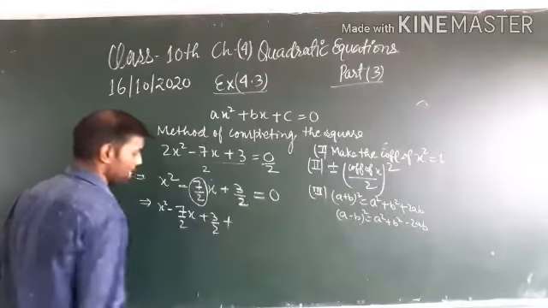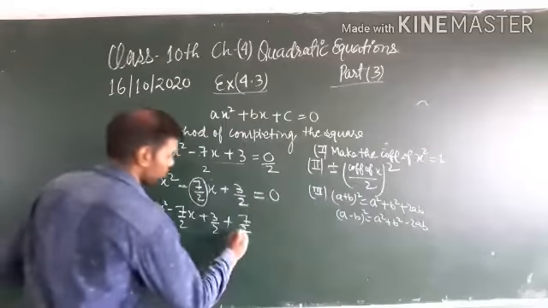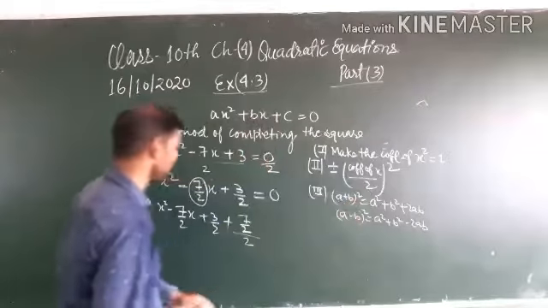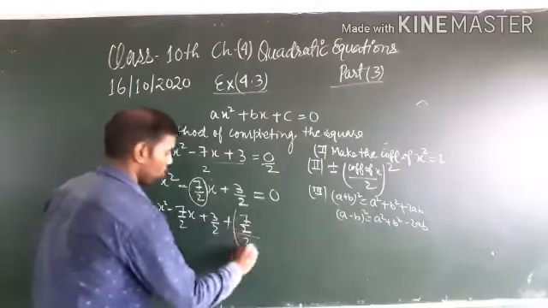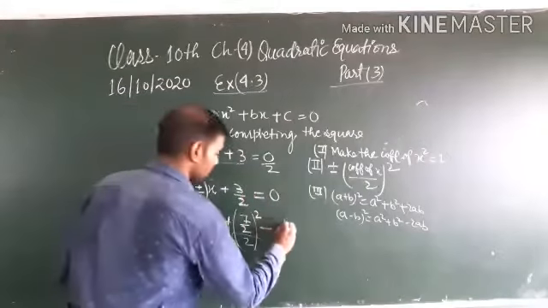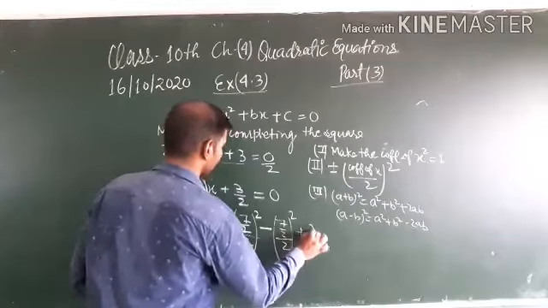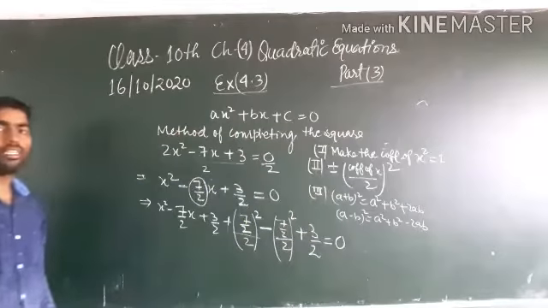First of all, we add 7 by 2 by 2 whole square, because the coefficient of x is 7 by 2, and then subtract 7 by 2 by 2 whole square, plus 3 by 2 is equal to 0.